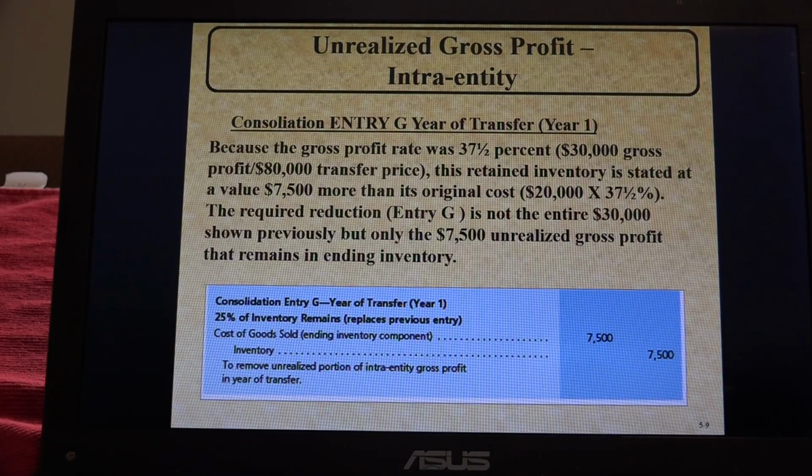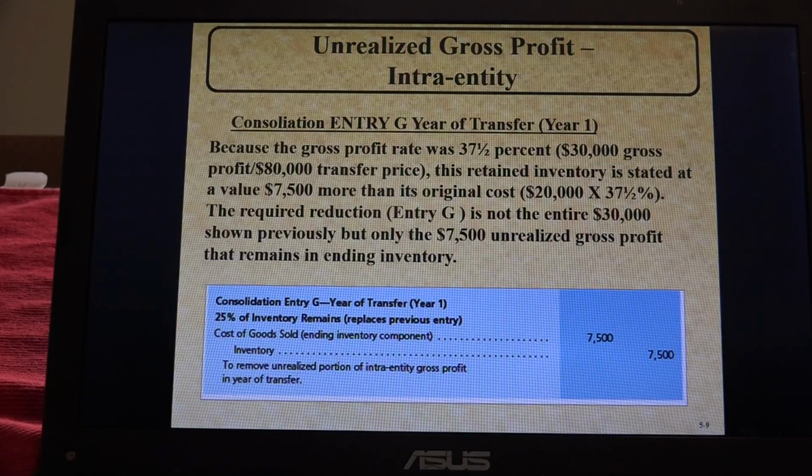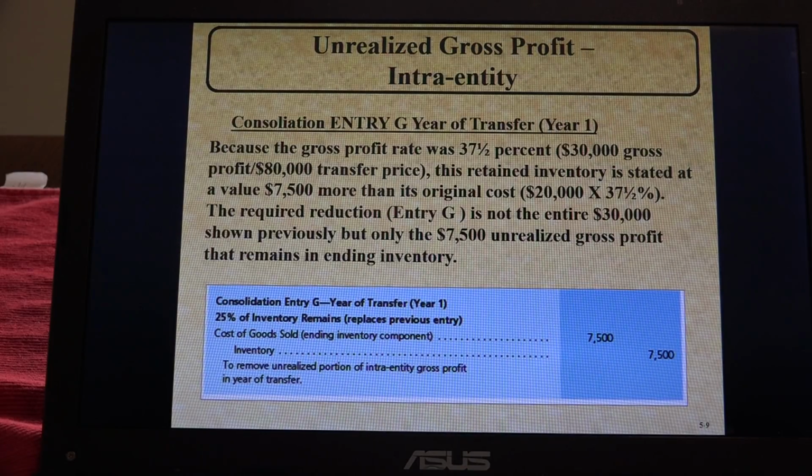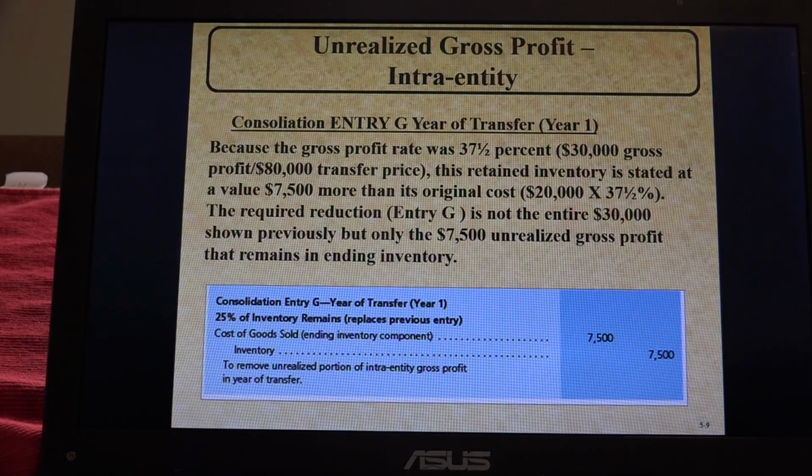And so in this case, we have 20,000 of that $80,000 purchase in ending inventory.